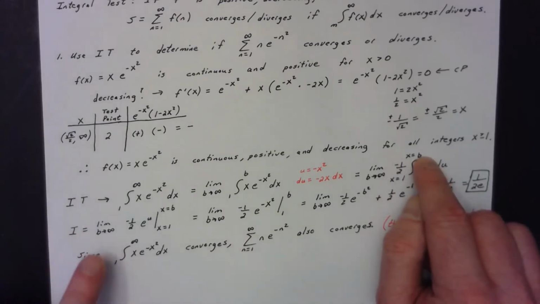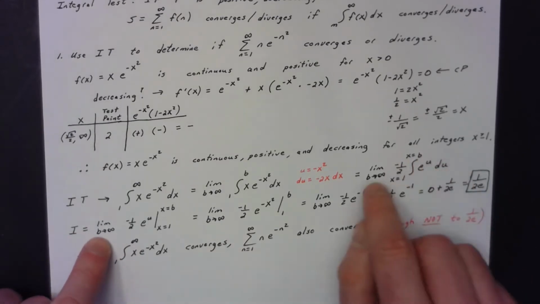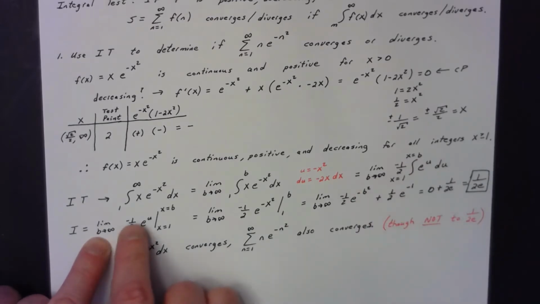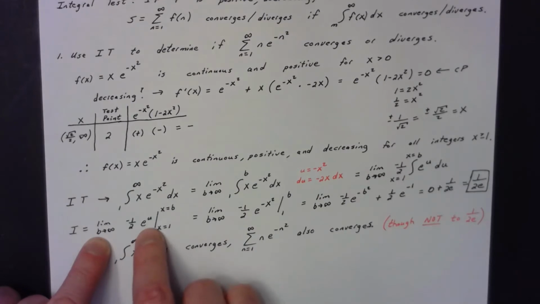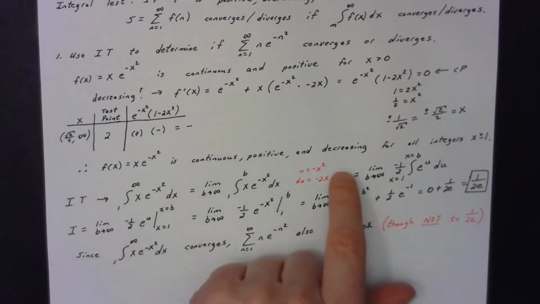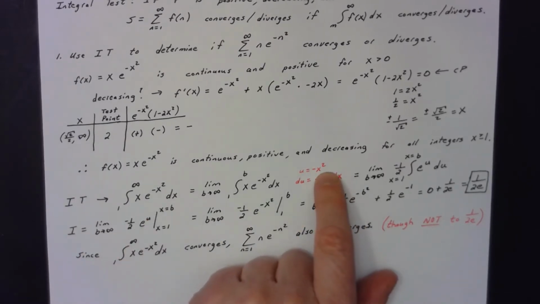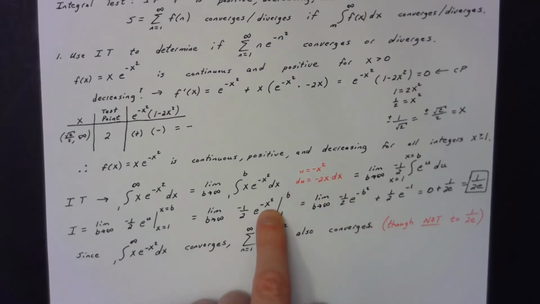I come down in my next step. This integral is going to equal the limit as b approaches infinity of negative 1/2 e to the u. The integral of e to the u is e to the u, evaluated from x equals 1 to x equals b. In the next step, I just plugged back in my substituted value of u equals negative x squared.